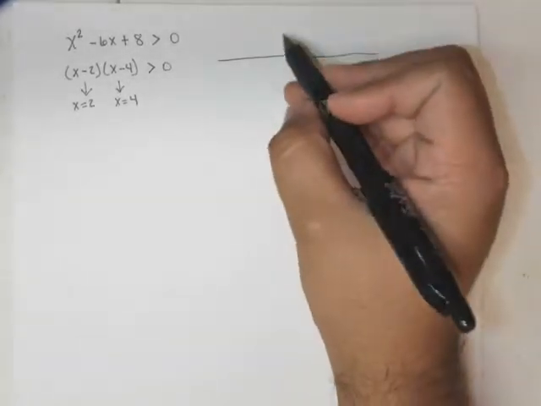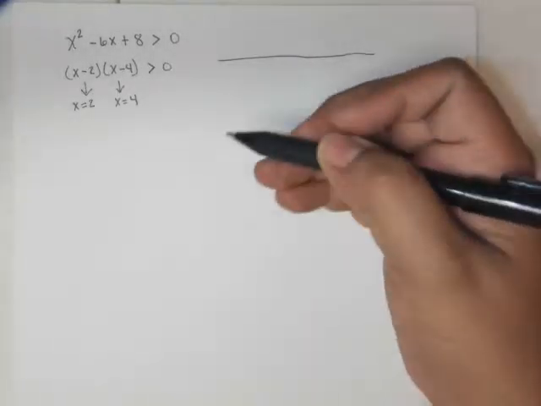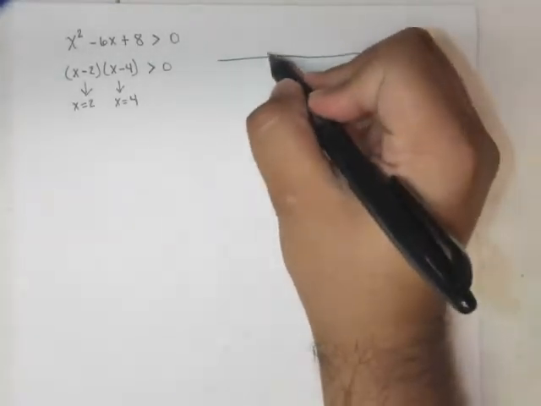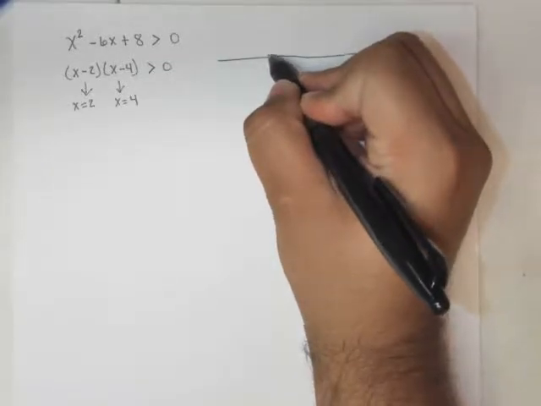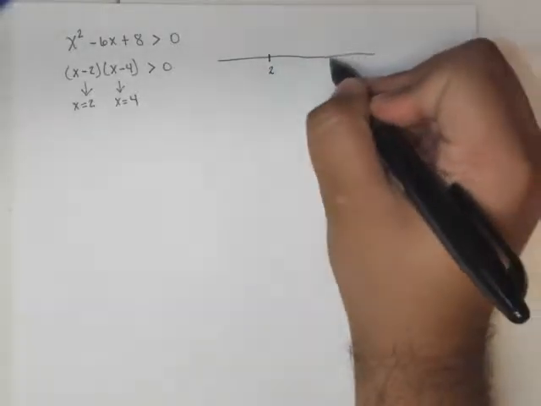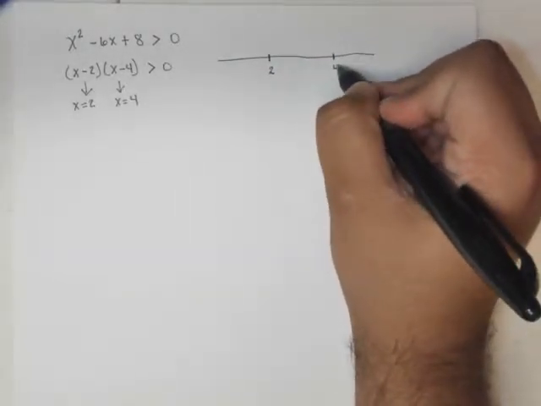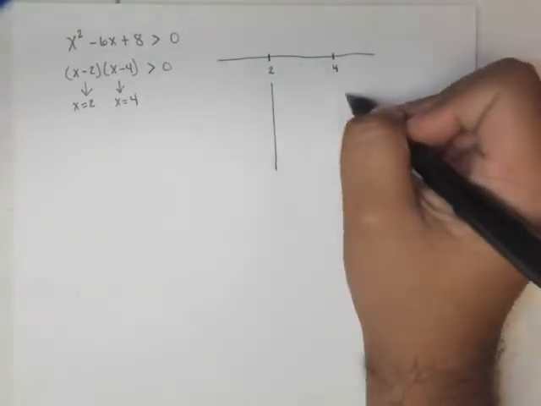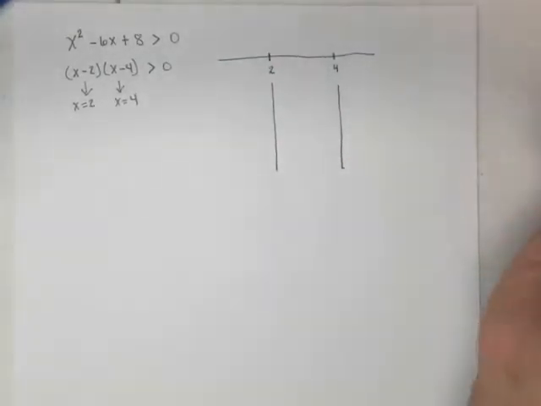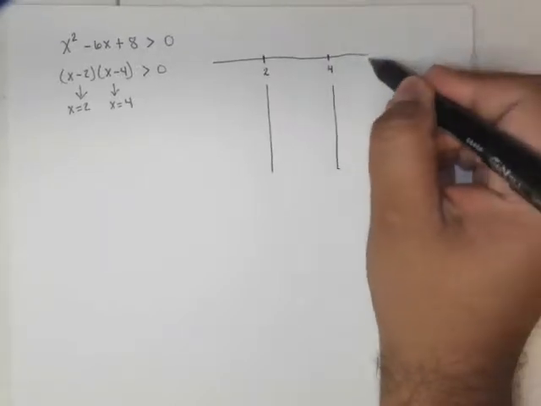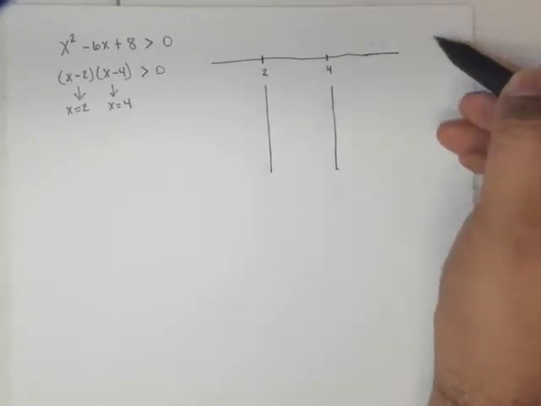So let's go ahead and draw a line, all right? Just think of it as a number line. And I'm going to put right here the number 2, and right here the number 4. Okay, so I'm also going to draw kind of these barriers underneath it. And what I'm going to do next is pick what I call test points.